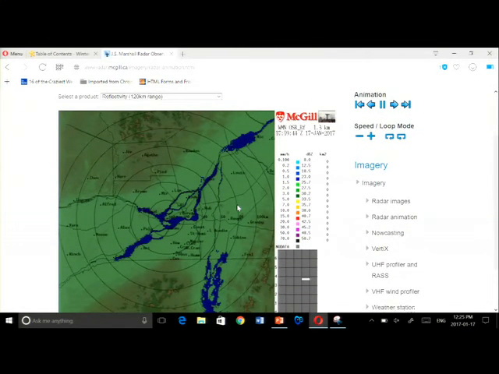There's nothing to see right now because there's no precipitation in the area. But you can check this later tonight to see when the snow is moving in. McGill is situated right about here, so you should be able to watch the radar reflectivity come in and tell when the snow should start by tracking how fast it is moving into the area.